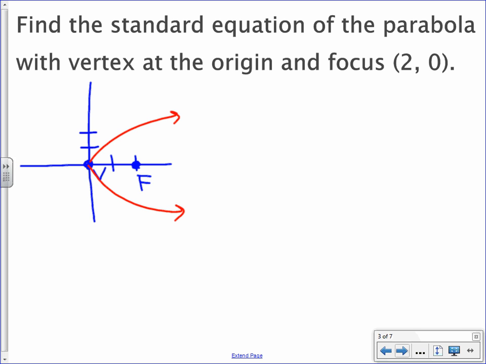Okay? And on the last slide, we said that if it opens vertically, excuse me, this is horizontally. If it opens horizontally, then we need which variable to be squared? Y. So we have y minus k squared equals 4p times x minus h, right?